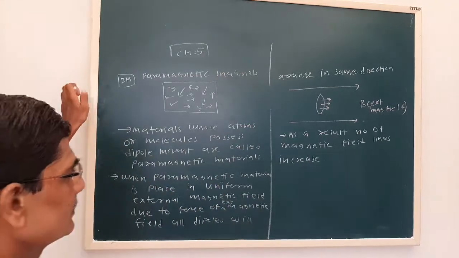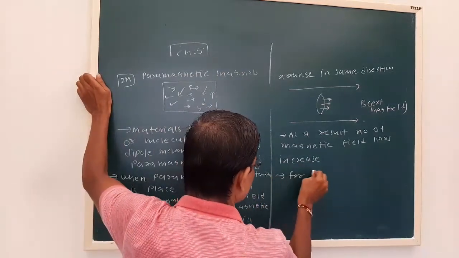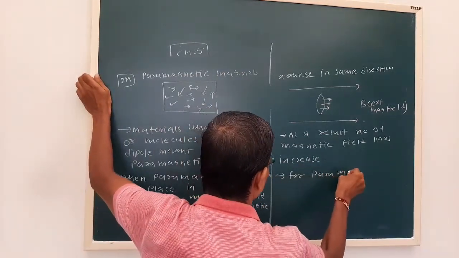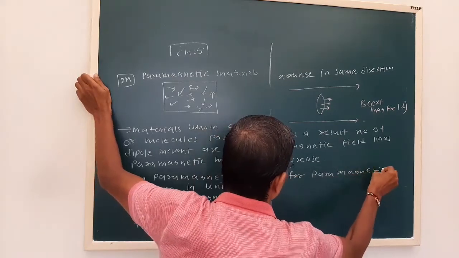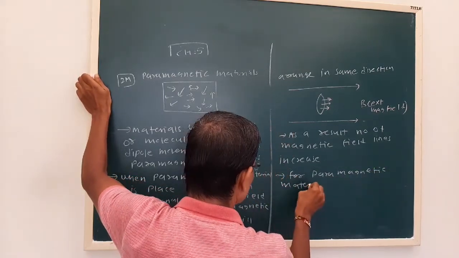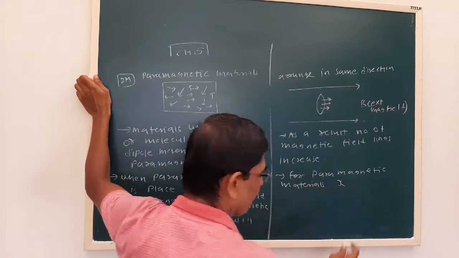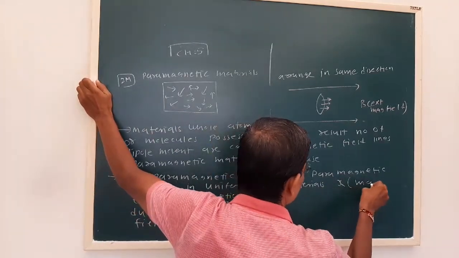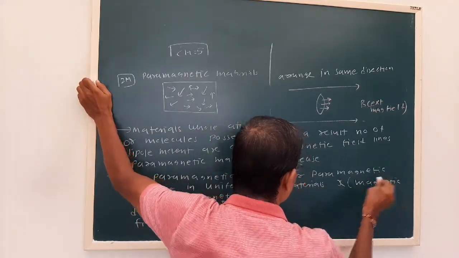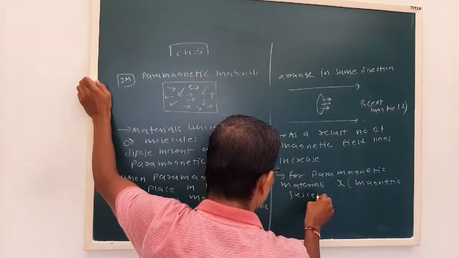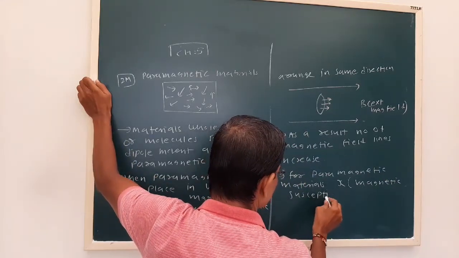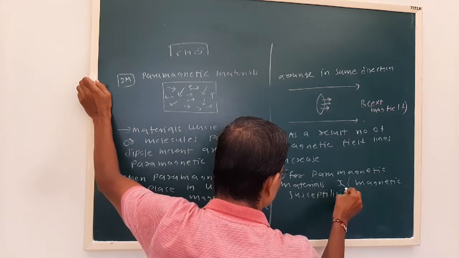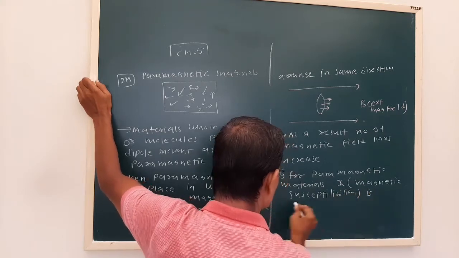As we have seen, for paramagnetic material, chi, that is magnetic susceptibility, is positive.